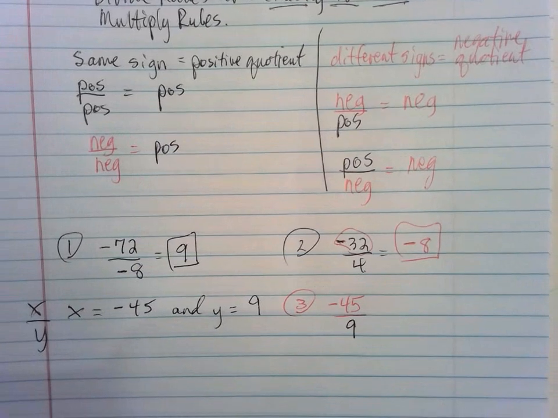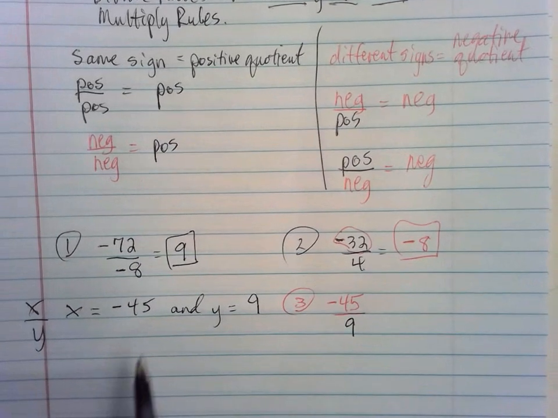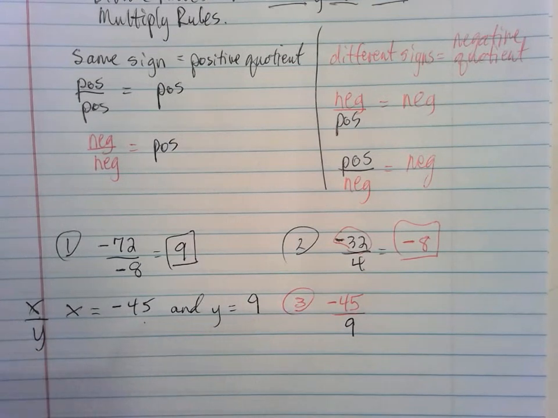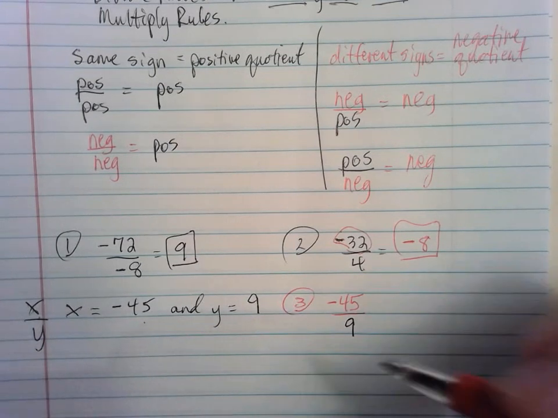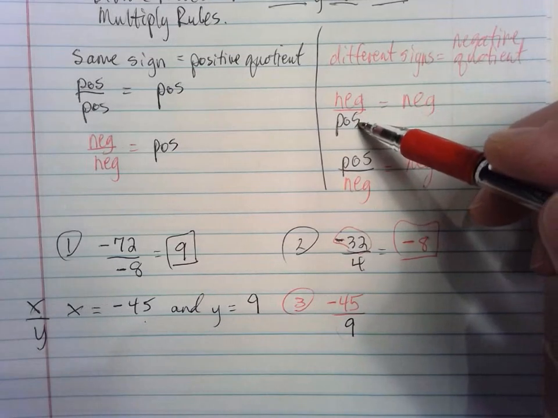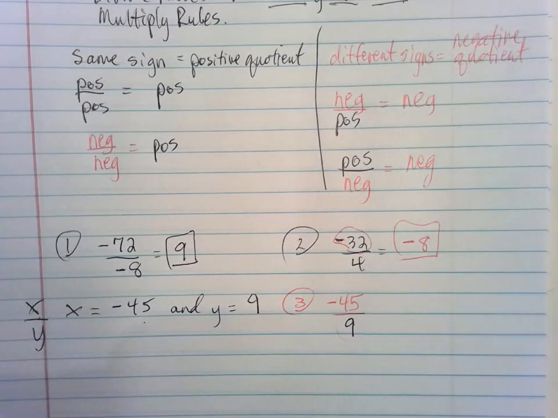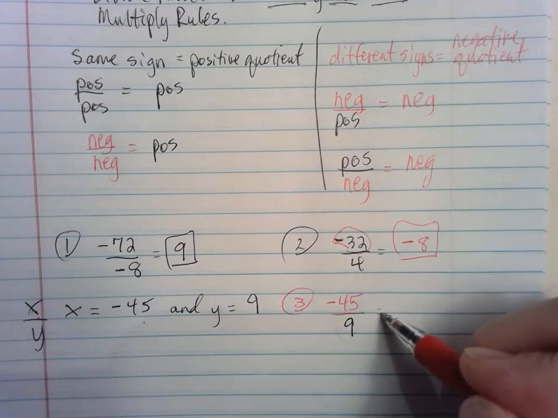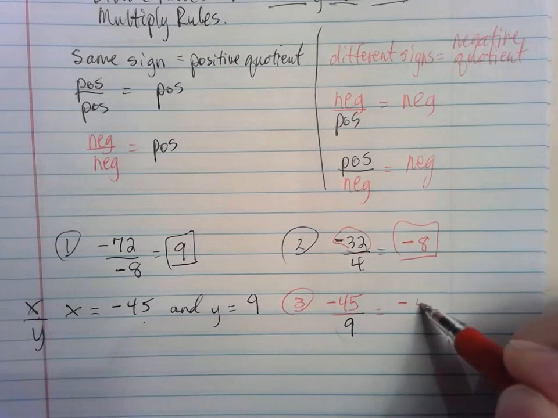So you put the negative 45 in for x and the 9 in for y. You substitute those in. Again, we look back up here, and we saw that if we've got a negative divided by a positive, that's going to give us a negative quotient. So negative 45 divided by positive 9 is negative 5.